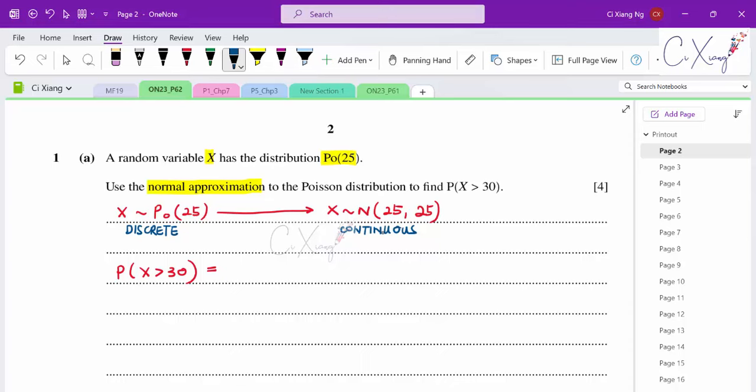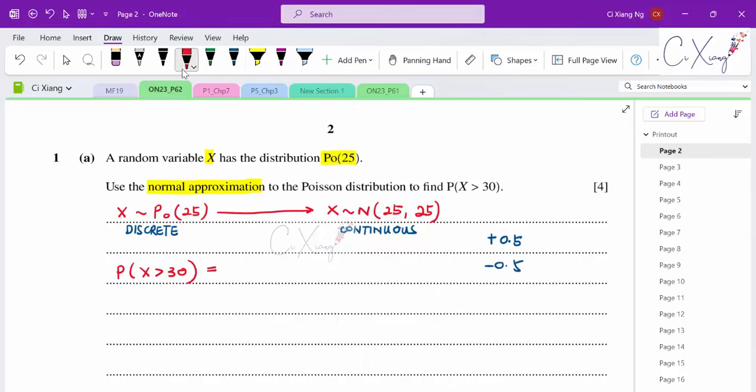Therefore, we need to do a small adjustment, and that adjustment is called continuity correction. For continuity correction, we either add 0.5 or subtract 0.5 from the value of X from the Poisson.